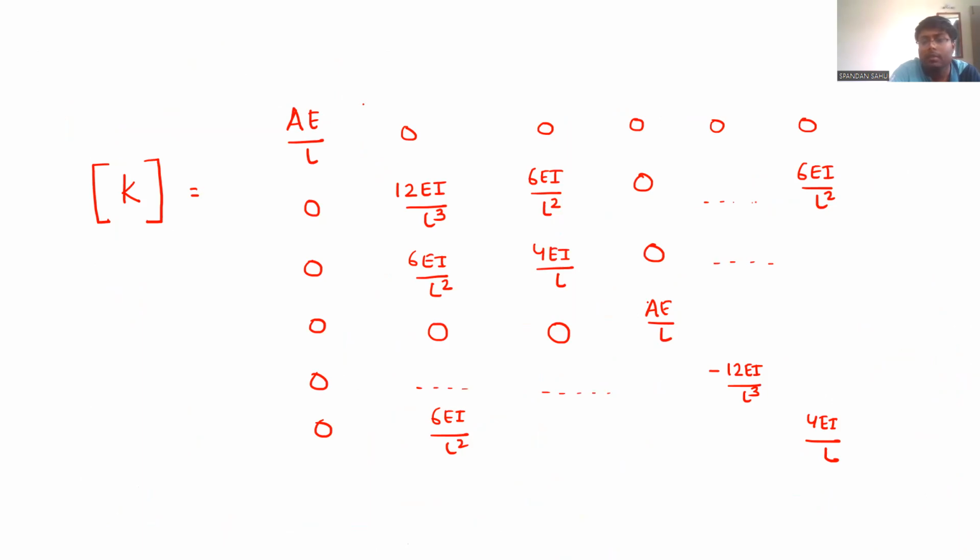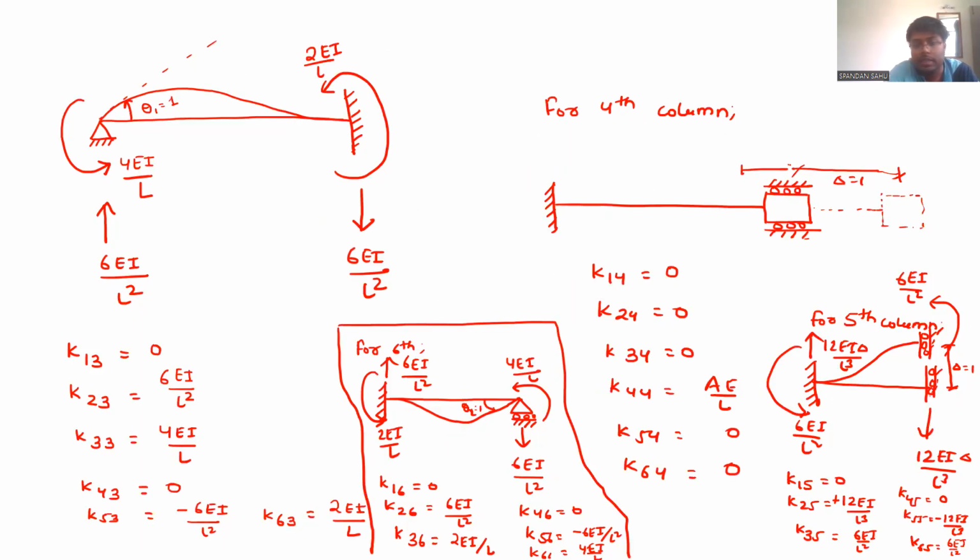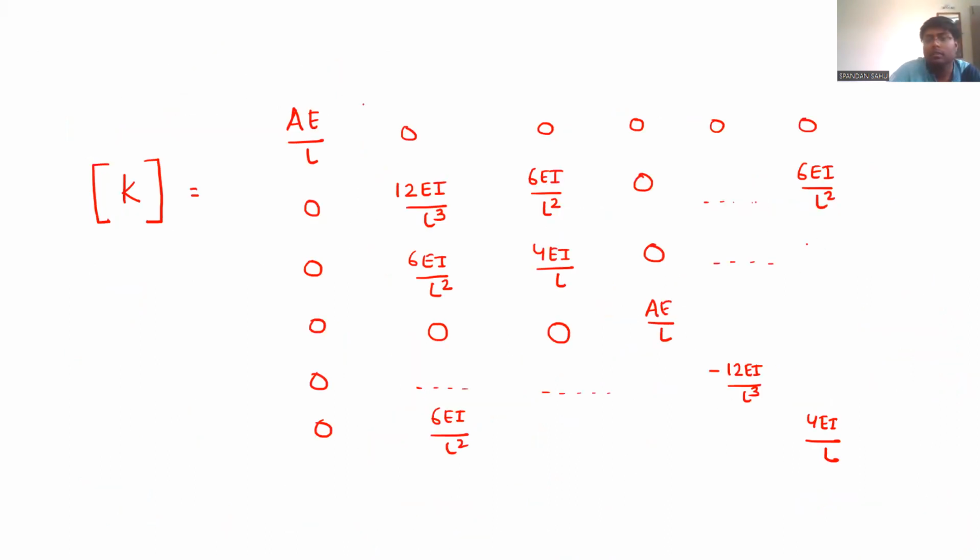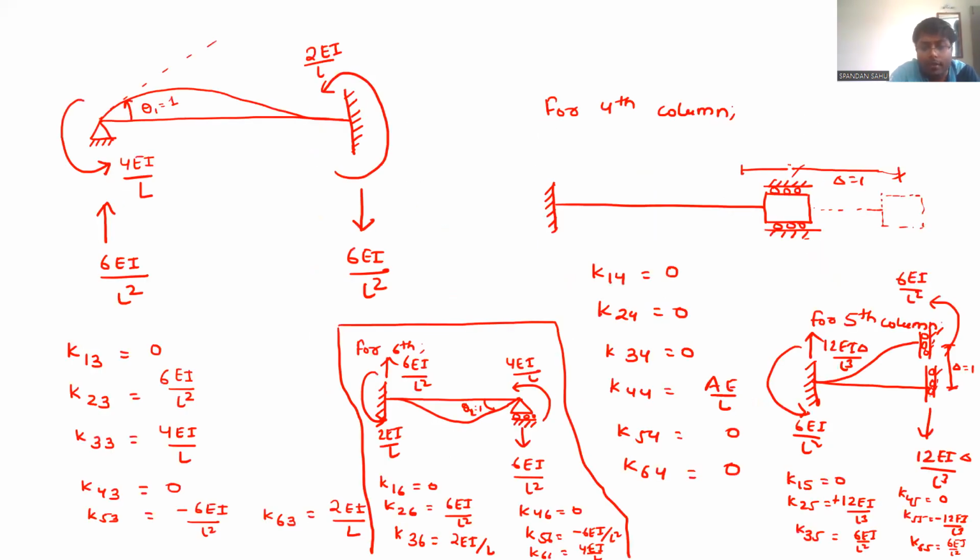Now K36. What is the K36 value? 2EI by L. K63 is 2EI upon L. K45 is 0.